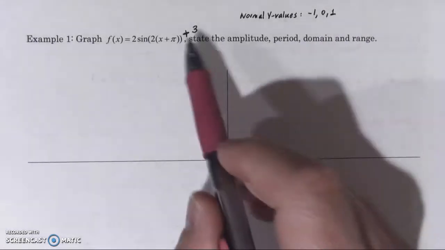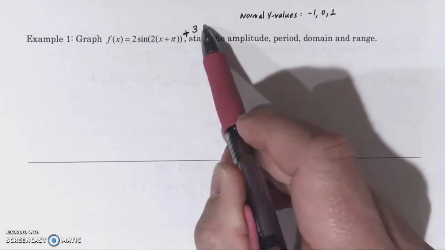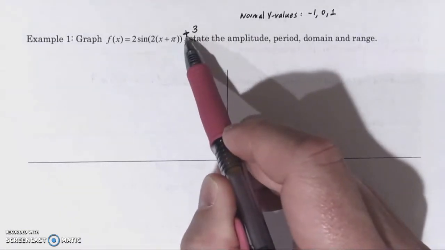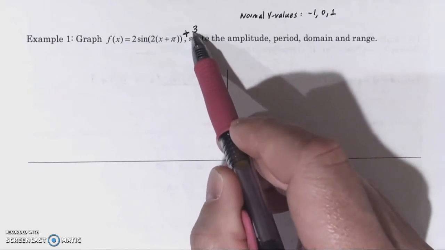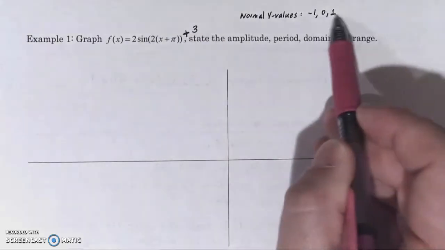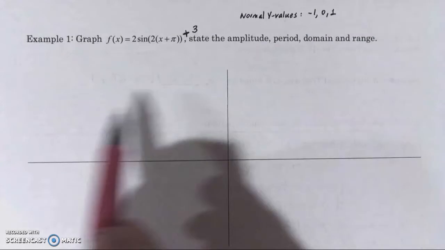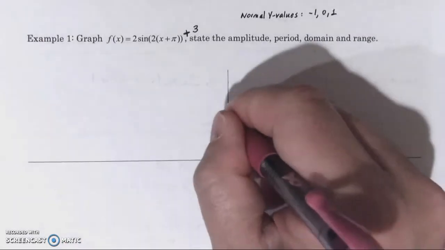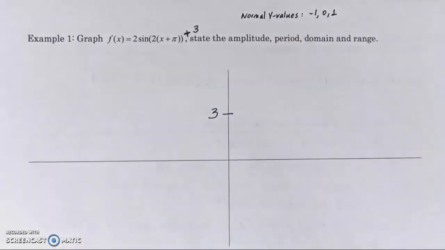Our first step was to take the vertical shift, which I've added here a +3 because I wanted to talk about vertical shift. We're going to add this to the 0 to find the middle of our wave. So the middle y value will be 3.